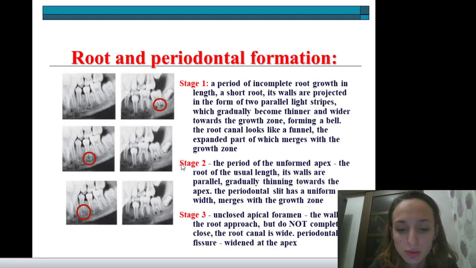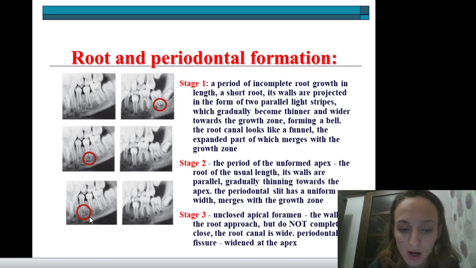Stage 2 is the period of the unformed apex. Look please on the X-ray, the root is formed, and its walls are parallel, gradually thinning towards the apex. The periodontal slit has a uniform width and merges with the growth zone.